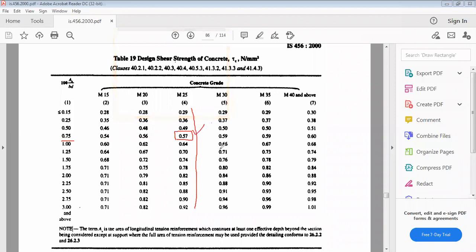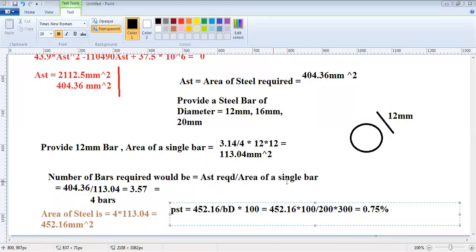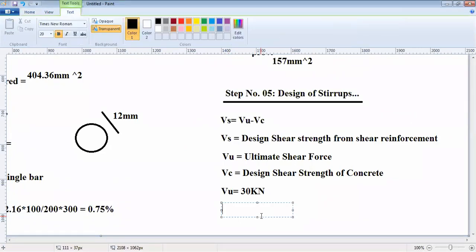This value is the tau C value, 0.57. So your tau C is 0.57 Newton per mm square.